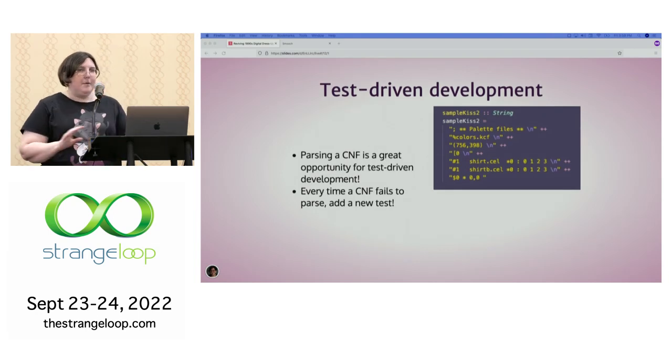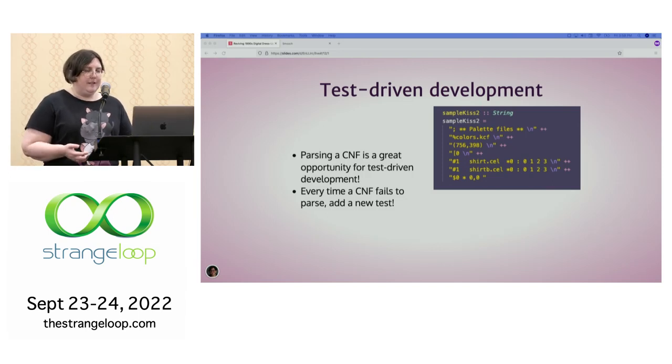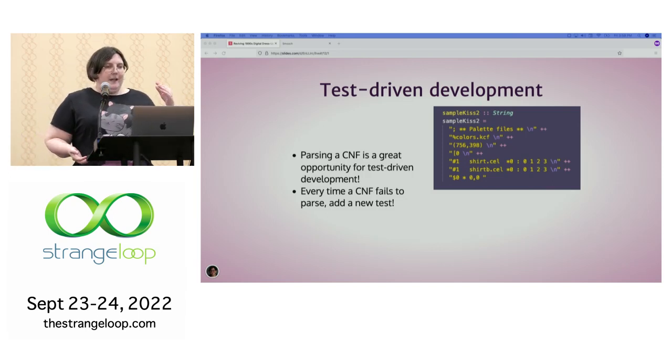So parsing something in general is a great opportunity for test-driven development. This here is a sample configuration that's in my test suite right now that I basically pulled from the spec. I was like, what does the spec say that a configuration file should look like? So I wrote that up, and then I could write tests that said, okay, if I parse this into my Haskell type, what should it look like?